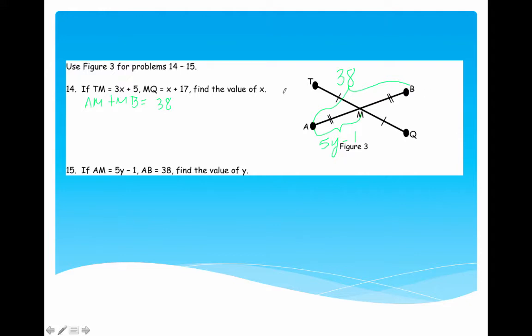But AM and MB are the same, so that means AM plus AM is 38. So 2 times AM is 38. AM is 19. So 5y minus 1, which is AM, is 19. 5y is 20, adding 1 to both sides. Y is 4.